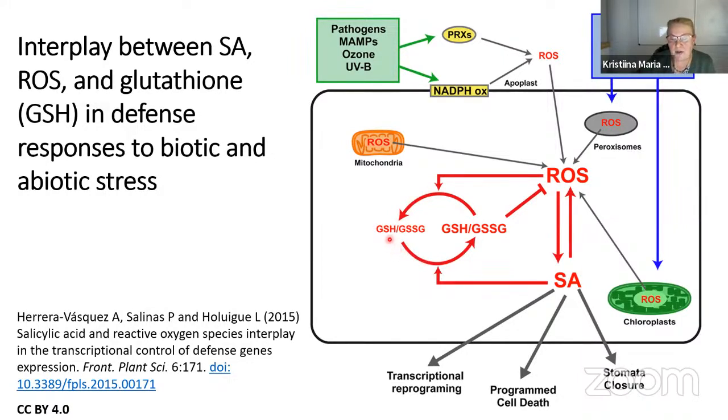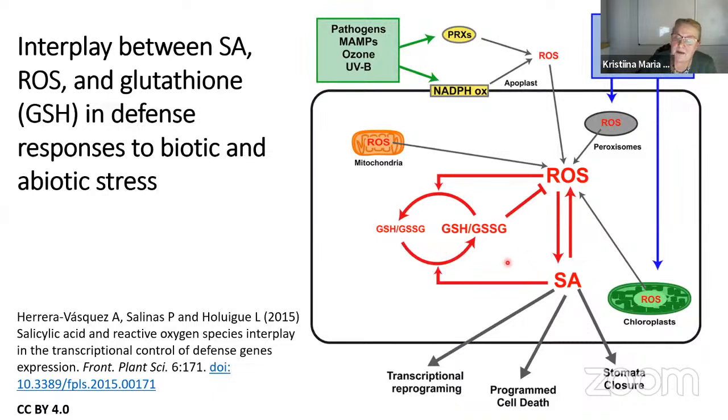For example, here the glutathione reduced and oxidized form is of importance, and salicylic acid from the other side is supporting this ratio is correct in the cells as far as it can.